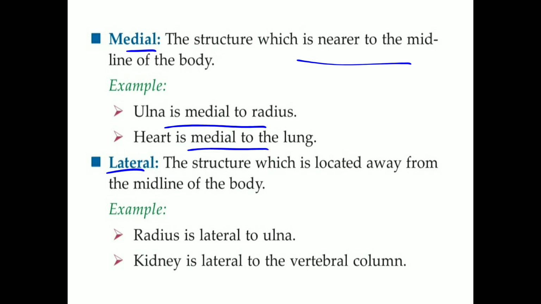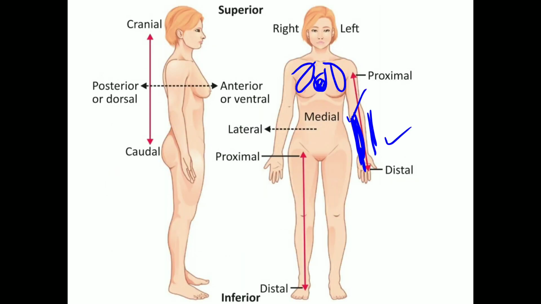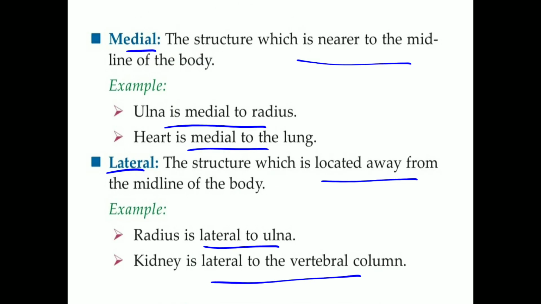Lateral, the structure which is located away from the midline of the body. Here example, radius is lateral to ulna. Radius is away from ulna, lateral to ulna. And kidney is lateral to the vertebral column.